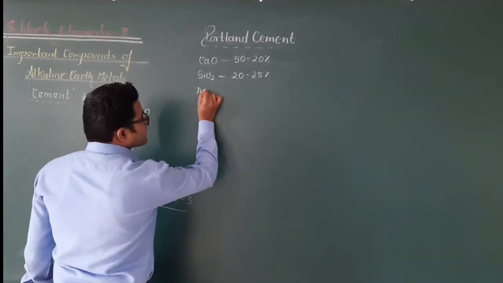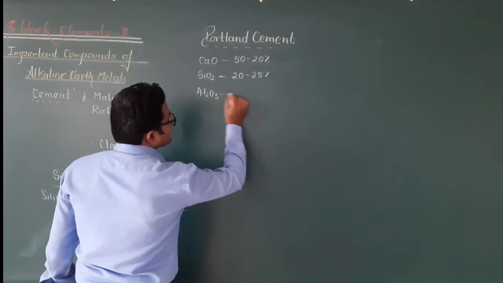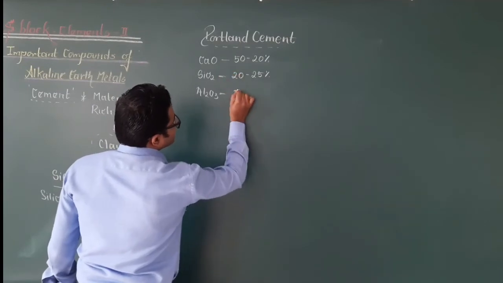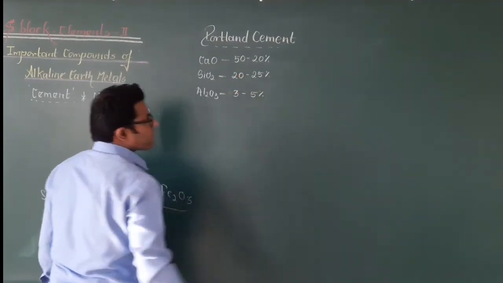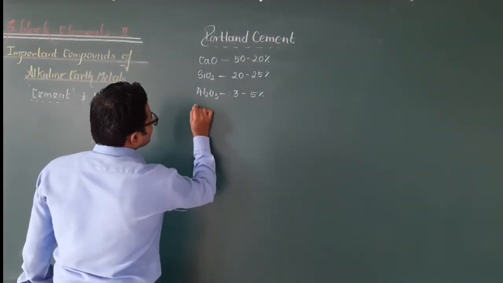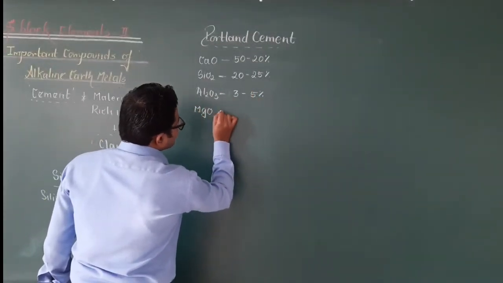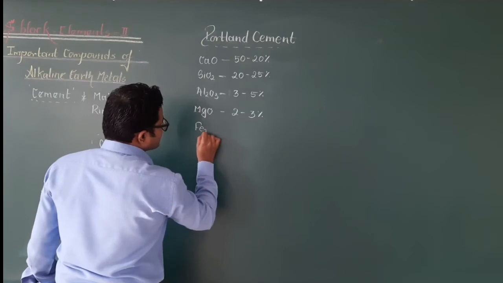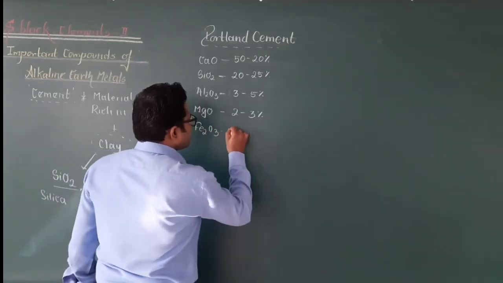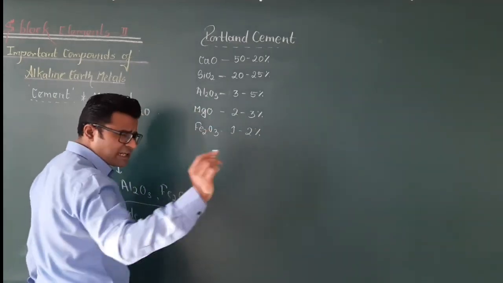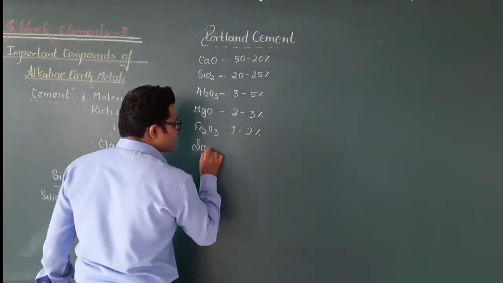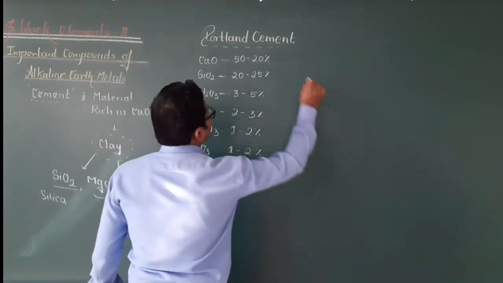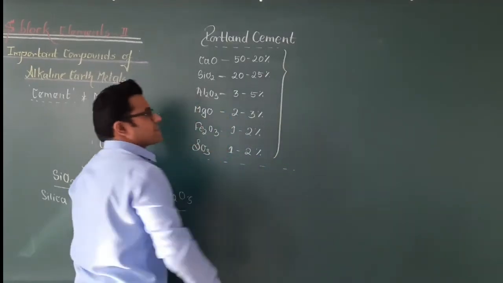Then Al2O3 at 3 to 5%, followed by MgO at 2 to 3%, Fe2O3 at 1 to 2%, and finally SO3, again 1 to 2%. So this is about the Portland cement.